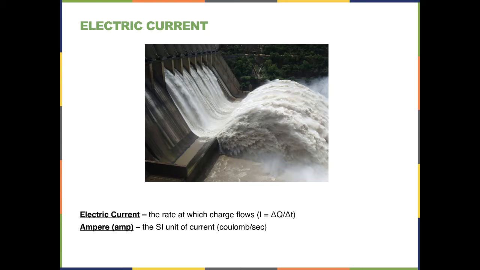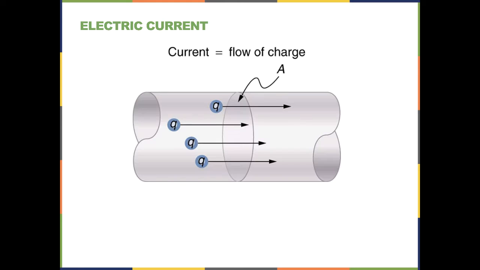When we talk about amperes of current, we're talking about the amount of charge that travels past a certain point in a conductor over a specific period of time.